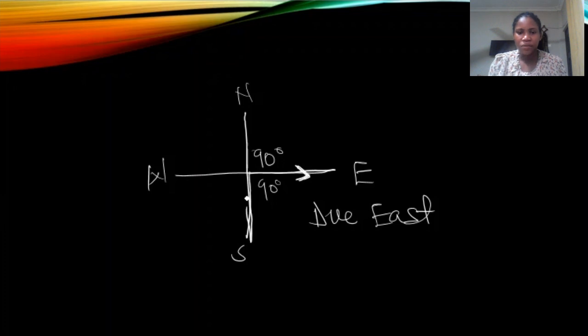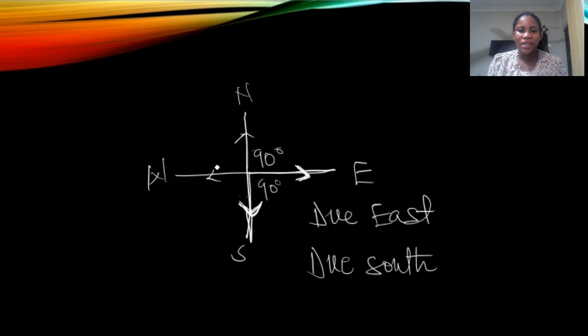Assuming the vector was here, it's going to the south, and can possibly just be 90 degrees here or 90 degrees here. So that would be due south. The same for the west and the same for the north.